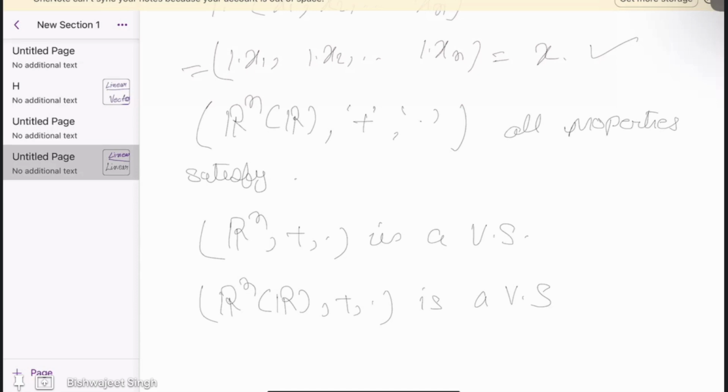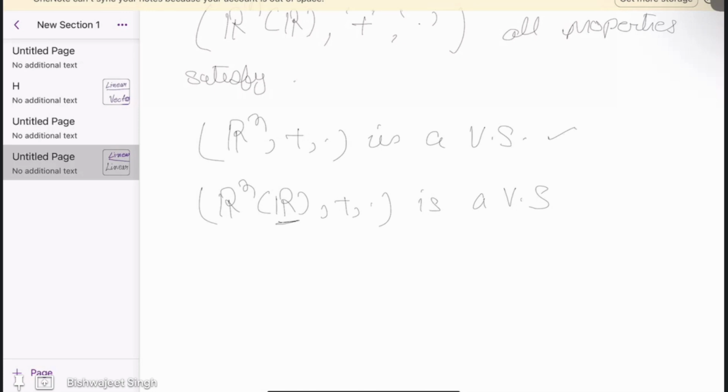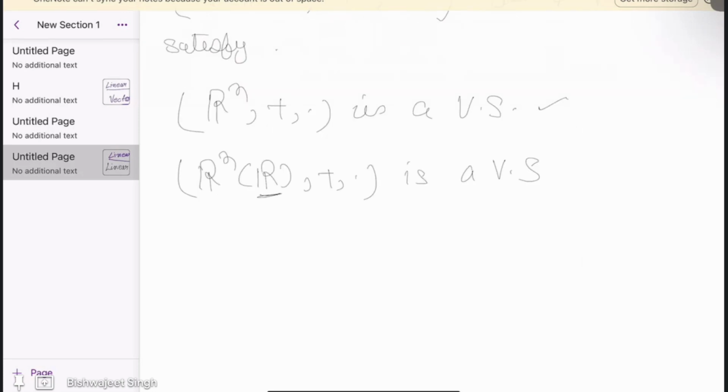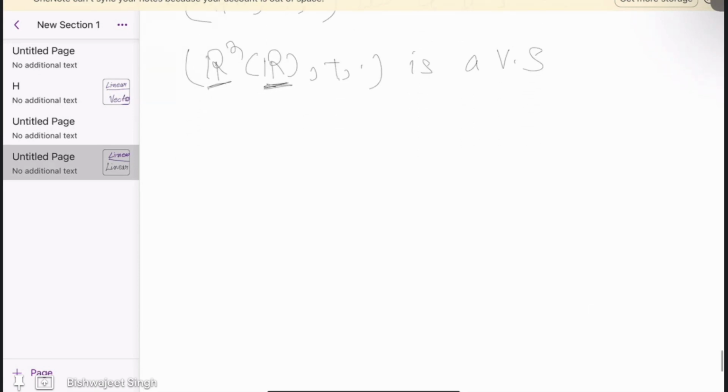The only difference is that you are specifying on what field we are talking about. But for the sake of simplicity, when the field is fixed, this can also work. But the more general form of writing is that first you write the space, I mean the set, which is Rn, then in brackets you write on what field we are defining the vector space, and then the operations, that is plus and dot. So this proves that Rn over R is actually a vector space because it satisfied all the properties.